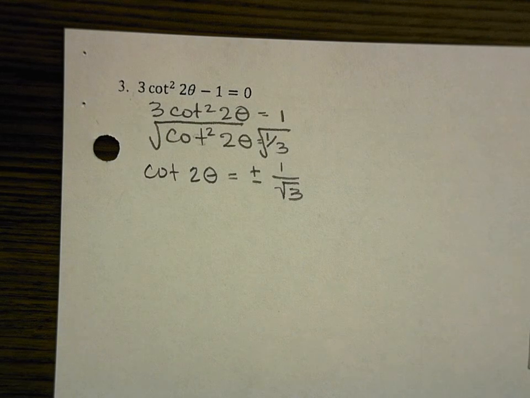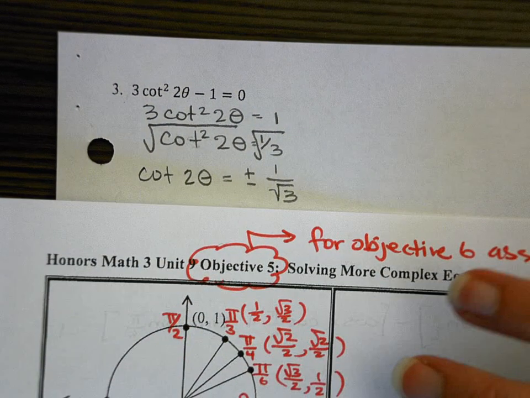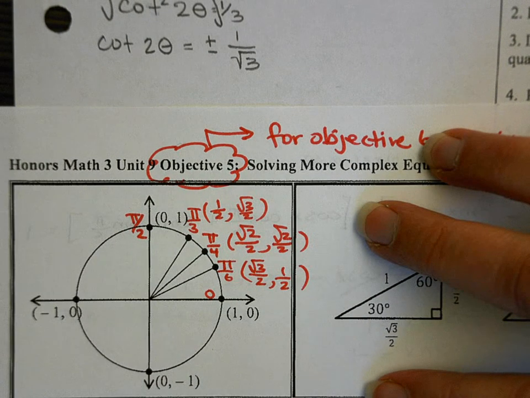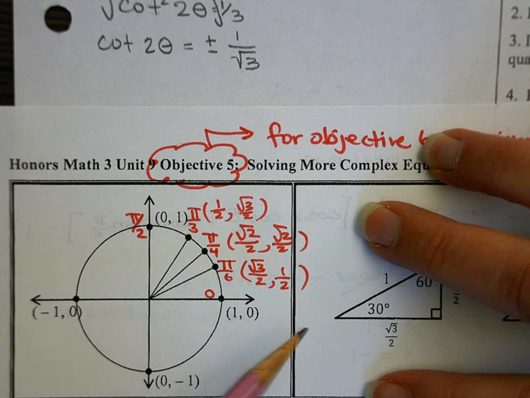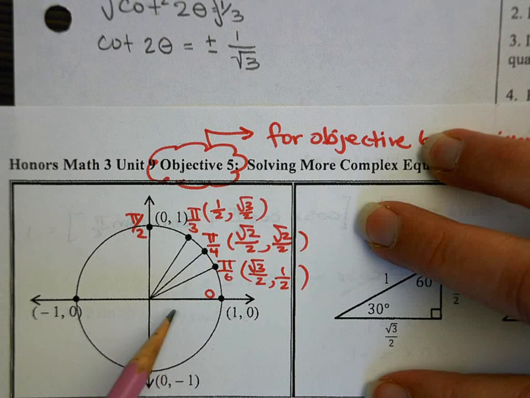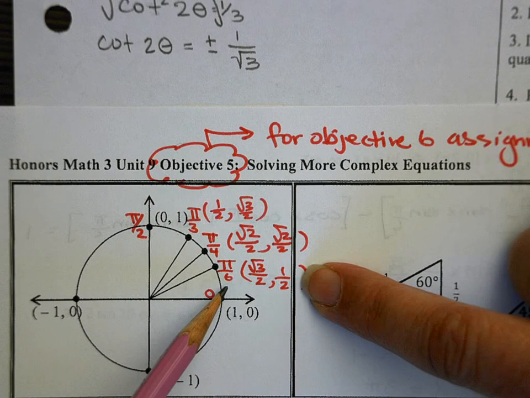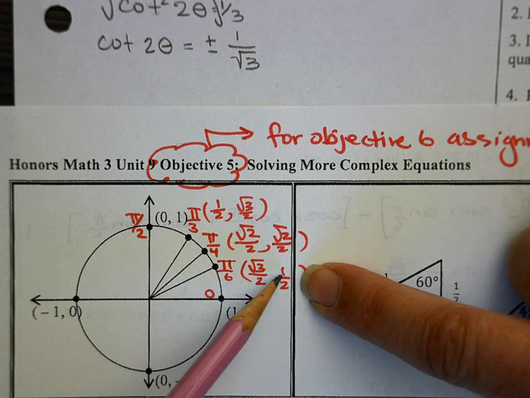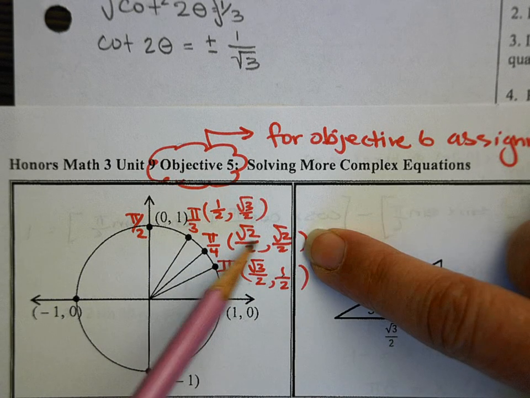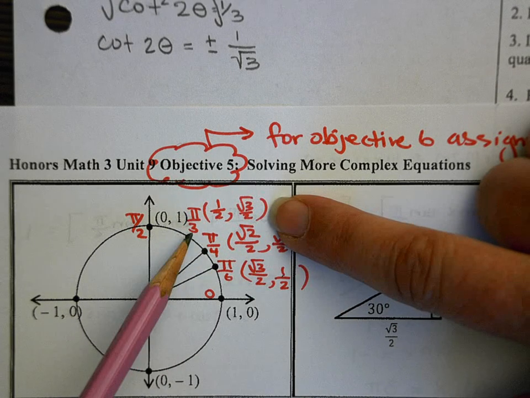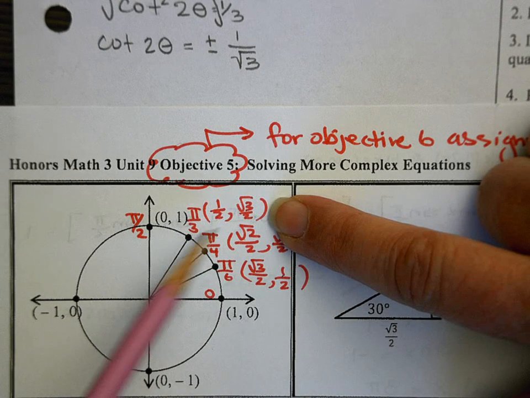So if I look at my unit circle, cotangent is adjacent over opposite, right? Adjacent is my x value, so x over y. If I look at pi over 6, x over y would be root 3 over 1, so it's not pi over 6. At pi over 4, it would be root 2 divided by itself, so that's just 1, so that can't be that. And then for pi over 3, it would be 1 over root 3. So that would be what we're looking for.